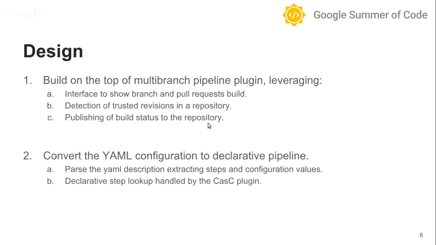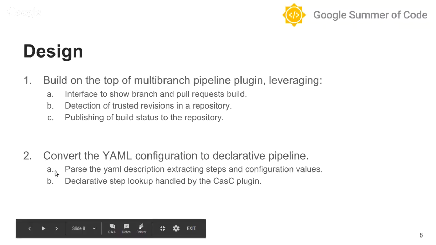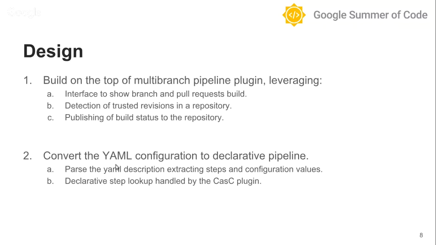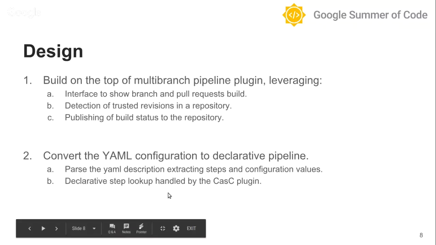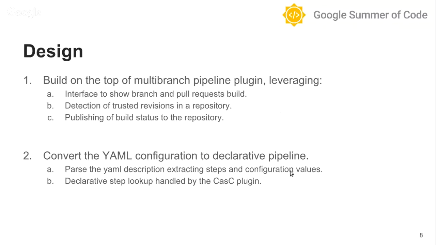So we will get these three things from the multi-branch pipeline. Then we decided to convert the YAML configuration to declarative pipeline, and the steps which will be defined in YAML will be handled by the Jenkins Configuration as Code plugin.